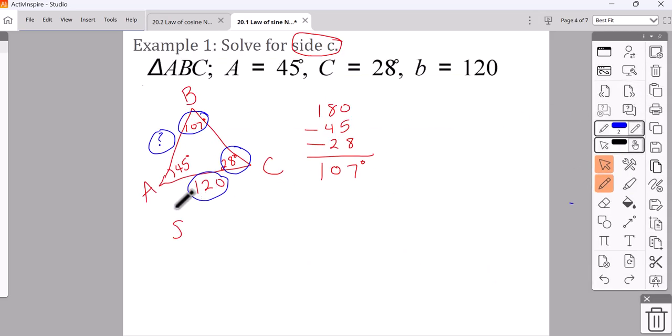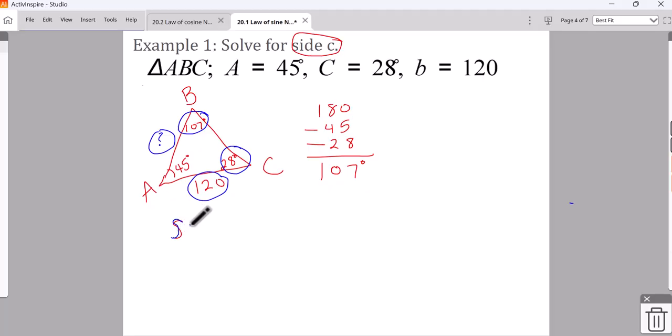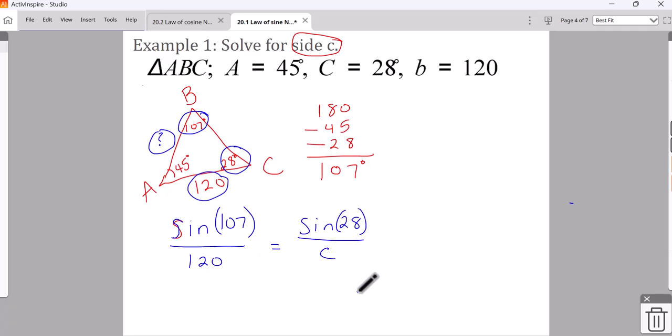So here, I am going to set up my equation. Sine of 107 over 120 equals sine of 28 over the c value that I'm trying to solve for. Hopefully you noticed that this is a proportion, so you can cross multiply.